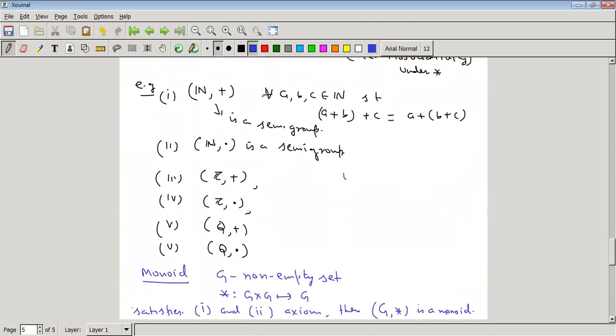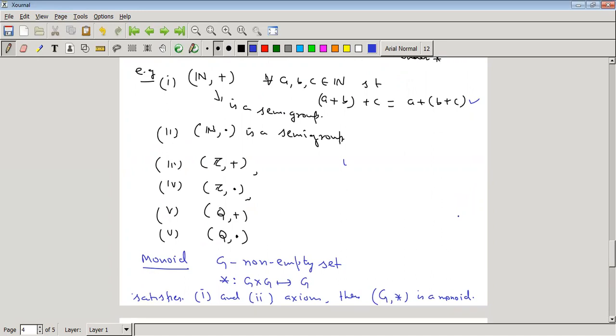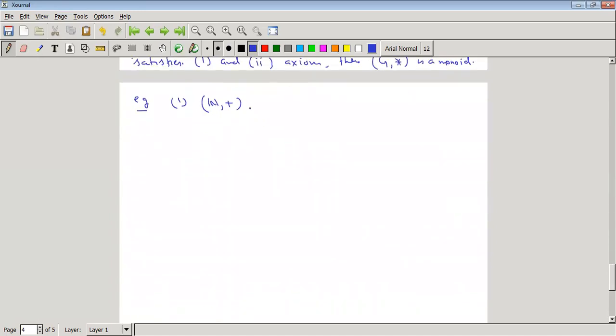Given any natural numbers a, b, c, a plus b plus c equals a plus b plus c. Now check the third one, identity element. So identity element is: there exists E belongs to G such that given any A belongs to, so here we take G to be N.